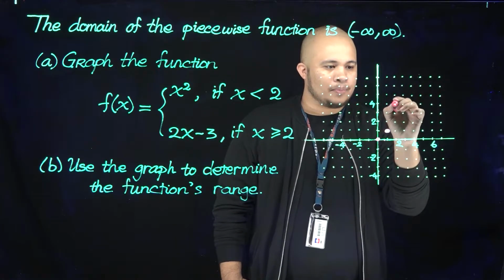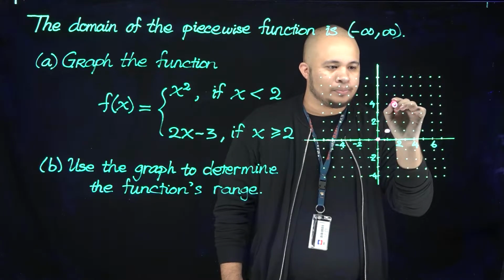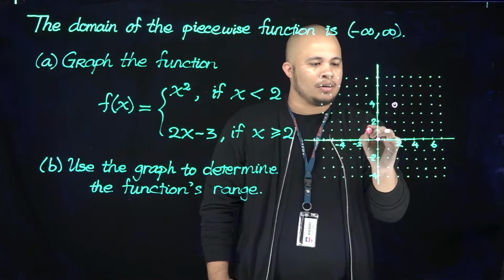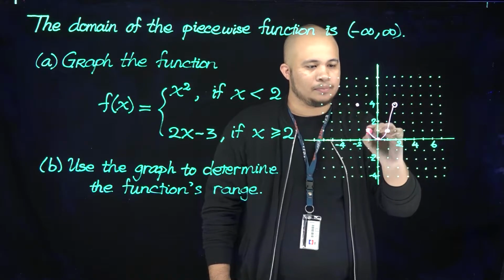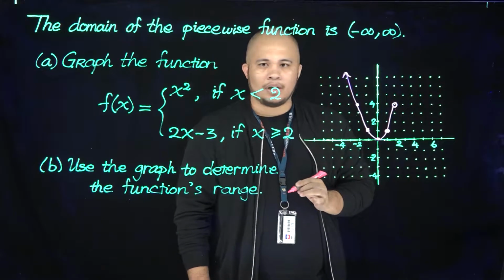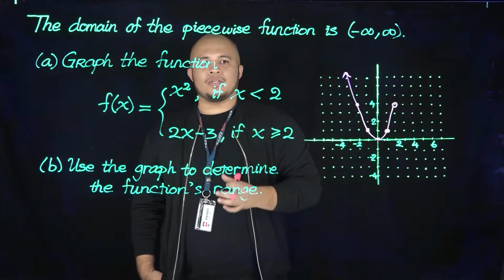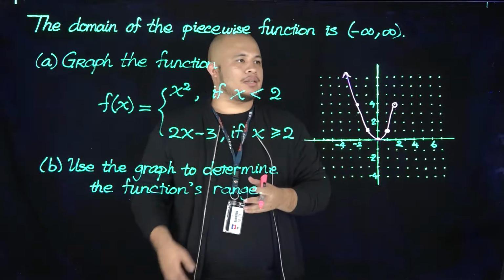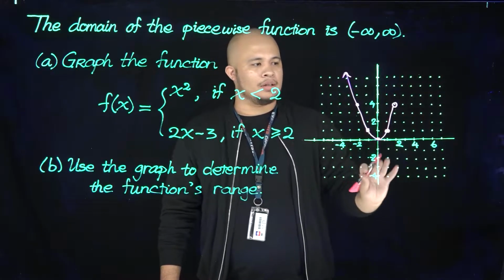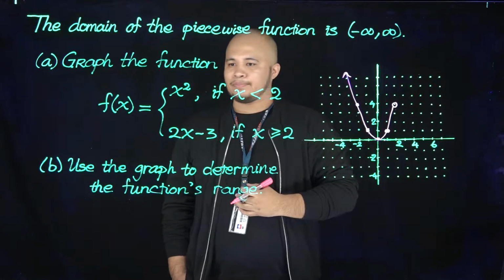So on the 4, we're going to draw an open circle. And if we continue here, due to symmetry, we also have the other side. So this is the first piece of the piecewise function. We drew the parabola with the restriction, only for x less than 2. So notice we didn't go beyond 2 on the x-axis.